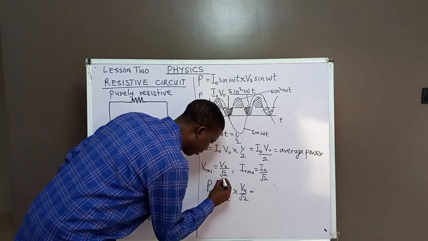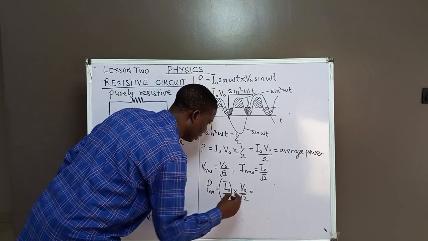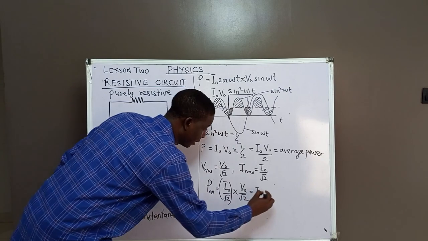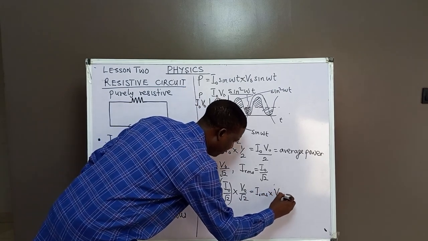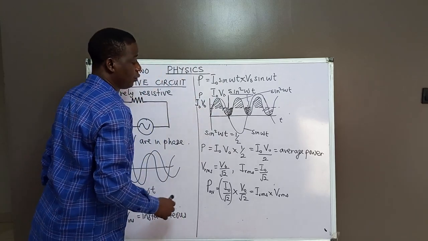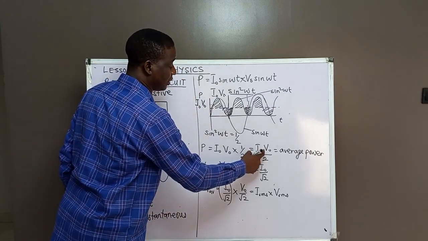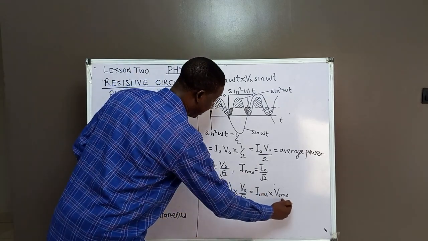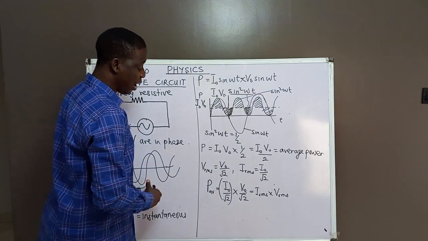Therefore, we can replace it with IRMS times VRMS. So if you don't see the maximum current and maximum voltage in the question, you can also take this one as average power.